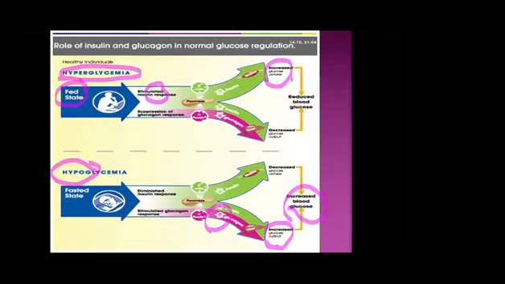Okay? Overall, these are the effects of insulin and glucagon in normal glucose regulation. So far, naintindihan nyo ang roles ng insulin and glucagon, yung effects nila? Okay, may connect natin siya sa medications later.